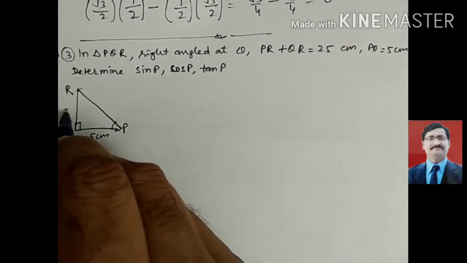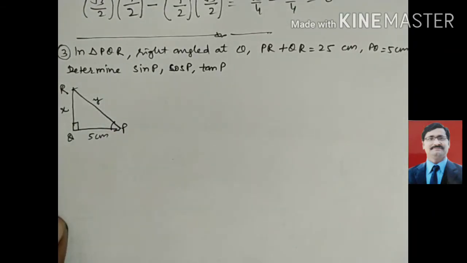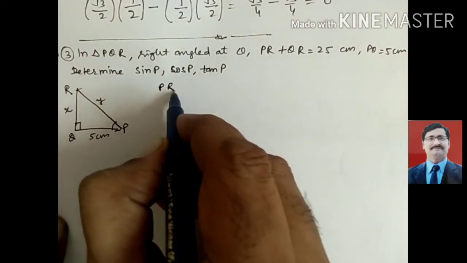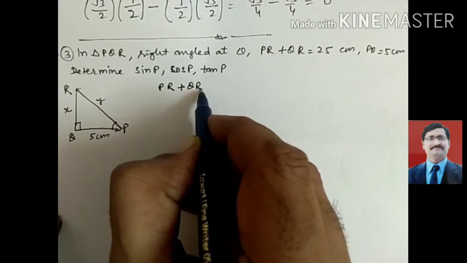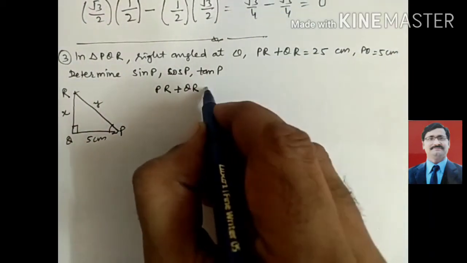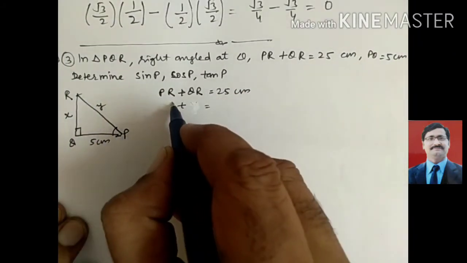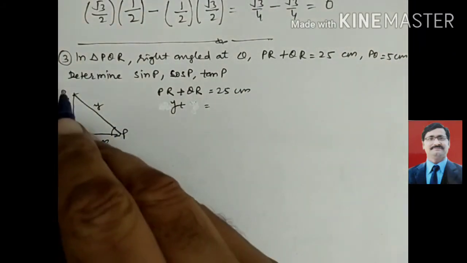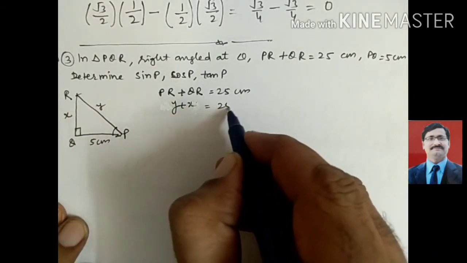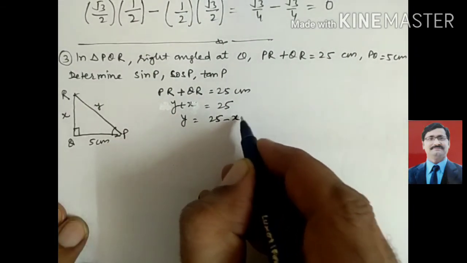You can take these sides as X and Y. So PR plus QR equal to 25 centimeter. PR is Y and QR is X. So Y plus X is 25. You can write Y equal to 25 minus X.